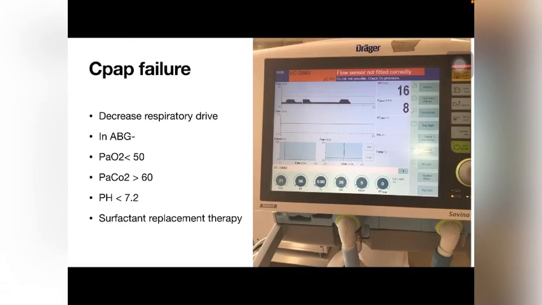In cases of CPAP failure, you have to use a ventilator. The image shown is an image of a ventilator. CPAP failure includes decreased respiratory drive, and in ABG the PaO2 value is less than 50, the PaCO2 value is more than 60, the pH is less than 7.2, and in cases of surfactant replacement therapy.